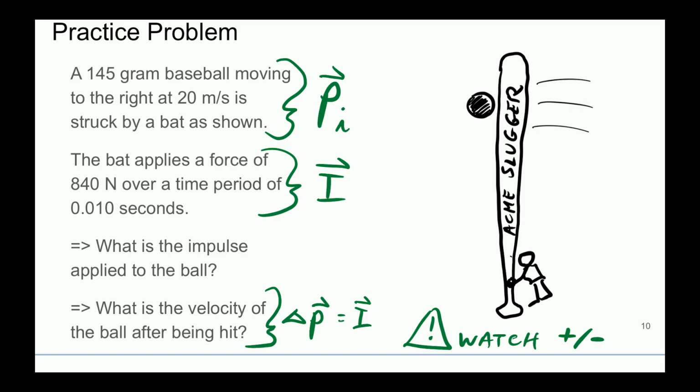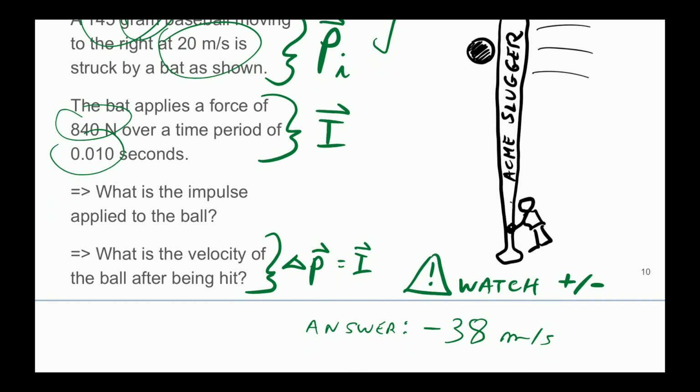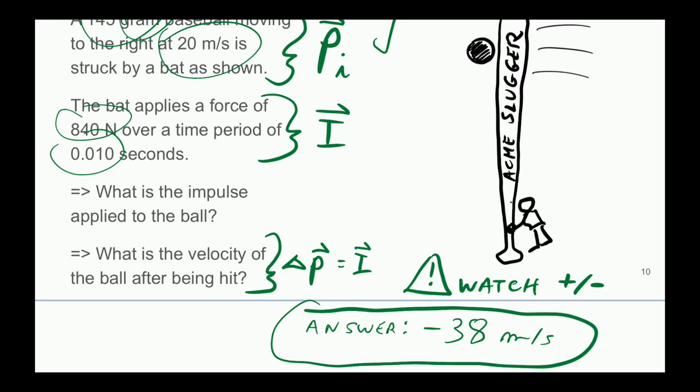You're essentially given the initial momentum, because you just have to multiply two numbers together. Watch your units, use kilograms and meters per second. The impulse is easy to calculate, right? Newton seconds. And when you solve for the final velocity, you will get, ding, ding, ding, here's the answer, minus 38 meters per second.